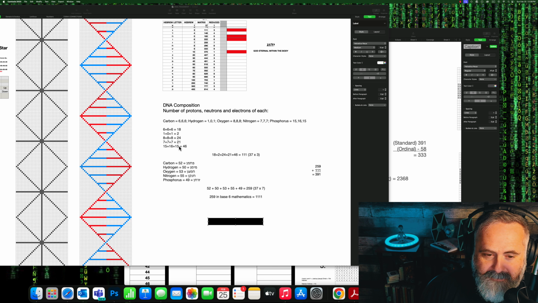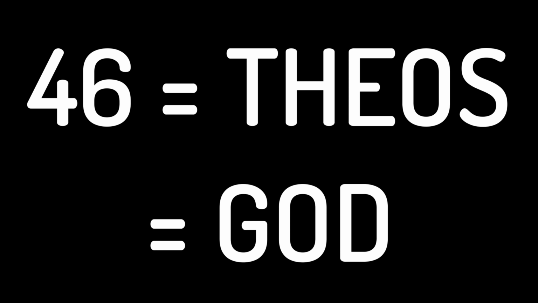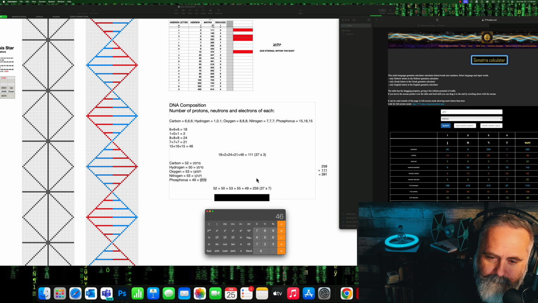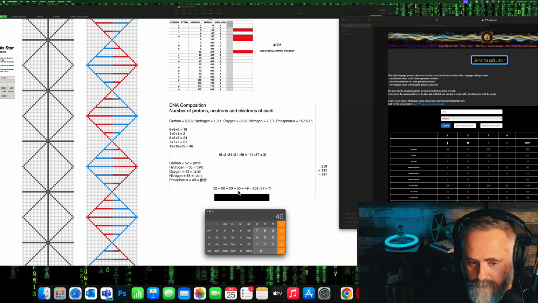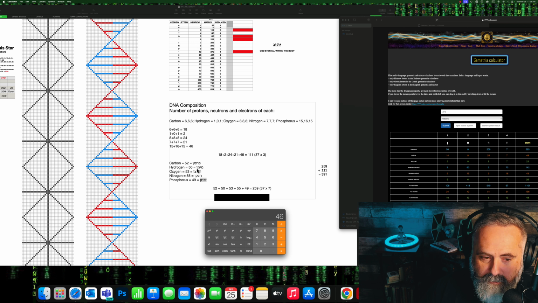So 46, the value of theos in Greek Gematria, means God. So let's begin to look at something here. I talked about how 52 plus 50 plus 53 plus 55 plus 49, the Gematria values of carbon, hydrogen, oxygen, nitrogen, and phosphorus, has a grand total of 259.